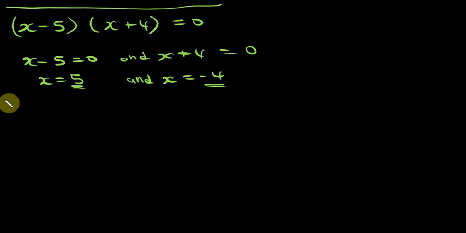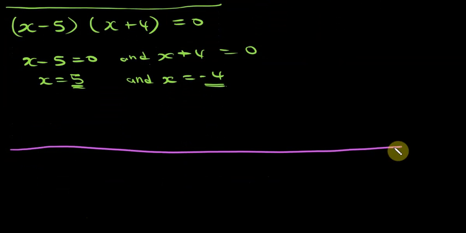And now let's sketch them on our number line. Okay, so this is our number line. It moves all the way from minus infinity to positive infinity.